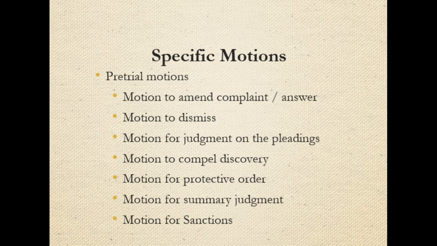These are just some of the common motions that can be filed, but in no way is this list exhaustive. We will not be covering all of these motions in detail, so all you need to know is that these are examples of pretrial motions and that these motions exist. Motions to dismiss, motions for summary judgment, and discovery motions are the most common types of motions and will be covered in more detail a little later.